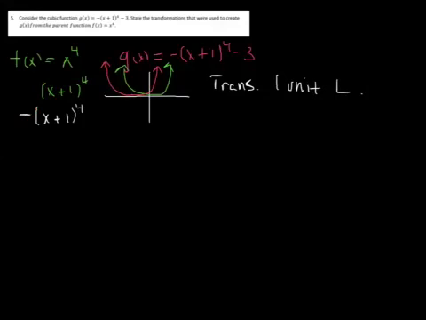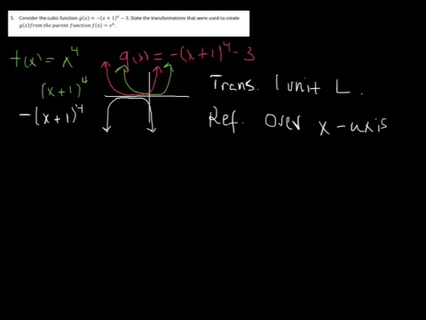It will become negative. And so everything that was once positive now becomes negative, and the transformation is a reflection. A reflection over, and this is important to state, what did it flip over? It flipped over the x-axis. All right, we're almost there.